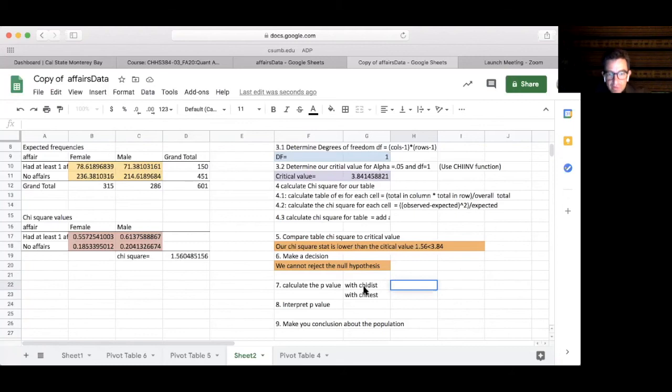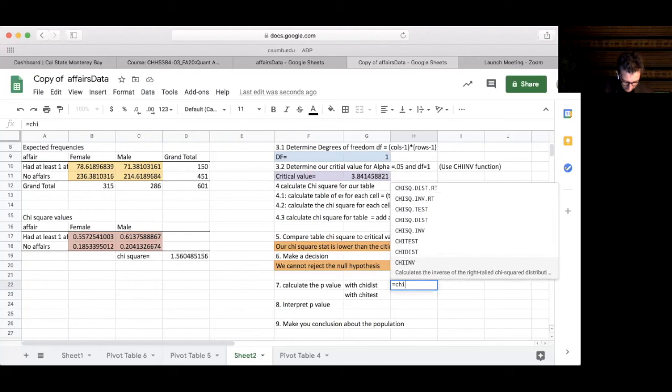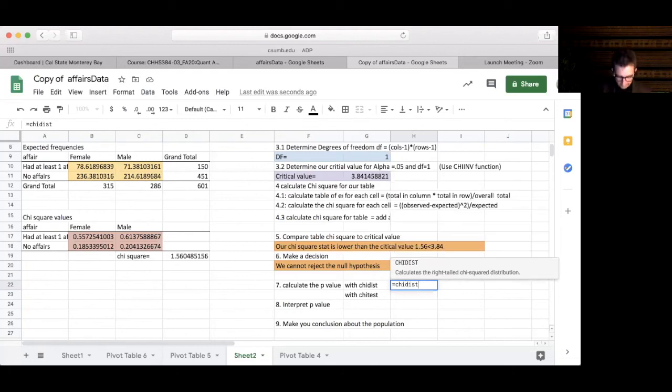We can use this function, the chi-dist. And for that, we just need to put the chi-square statistic, 1.56, and the degrees of freedom, in this case, 1.